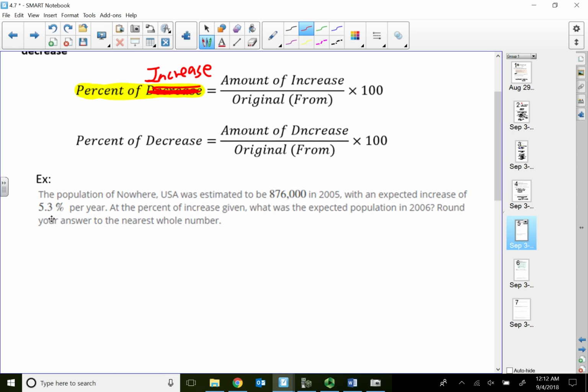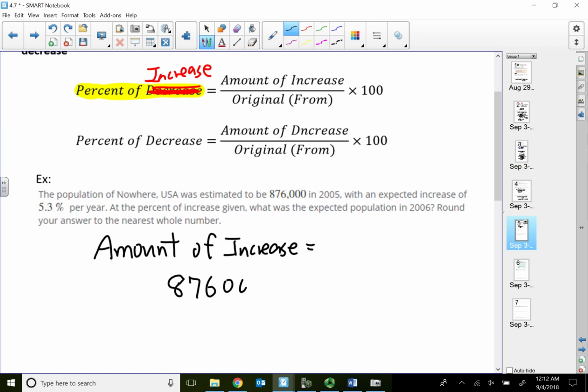Suppose the increase is 5.3%. What is the actual amount of increase? That will be 876,000 people times the expected increase of 5.3%.